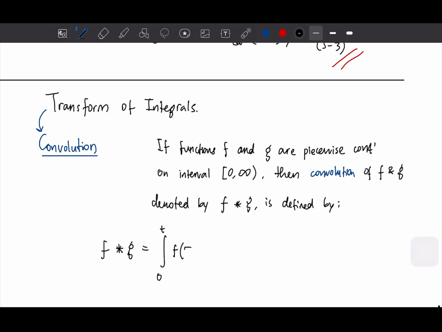This will be the variable tau. g of t minus tau, d tau.